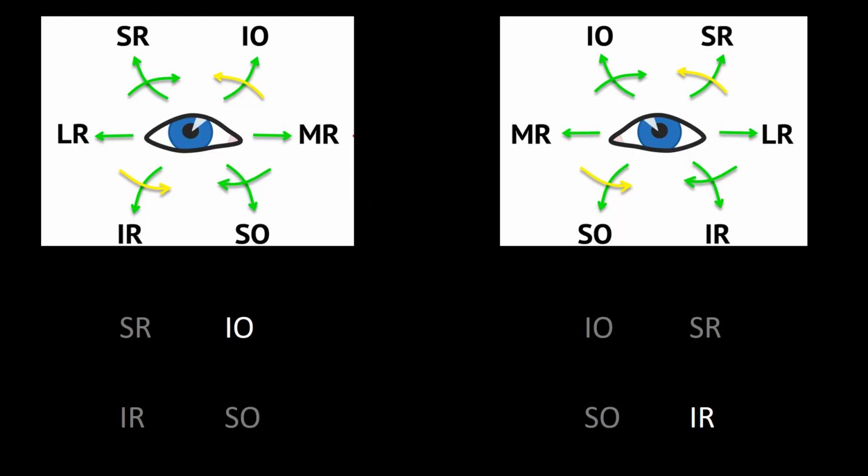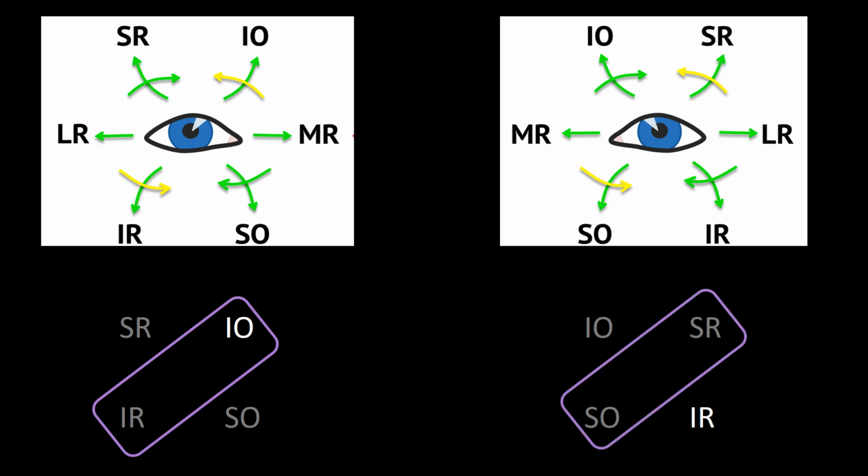Vertical positioning during left head tilt is achieved in the right eye by the balance of the forces generated by the two extorters, the inferior oblique and the inferior rectus. Since the inferior rectus was eliminated as a culprit before, the only possible option in this eye is the inferior oblique. Vertical positioning during left head tilt is achieved in the left eye by the balance of the forces generated by the intorters, the superior rectus and the superior oblique.